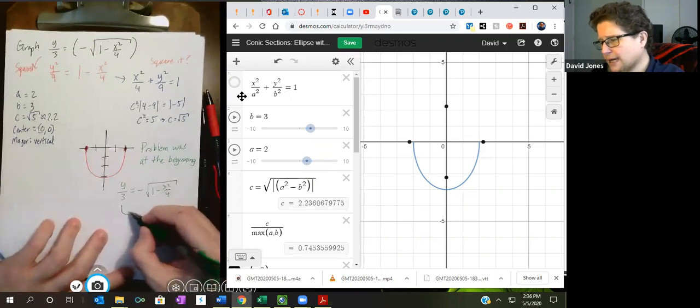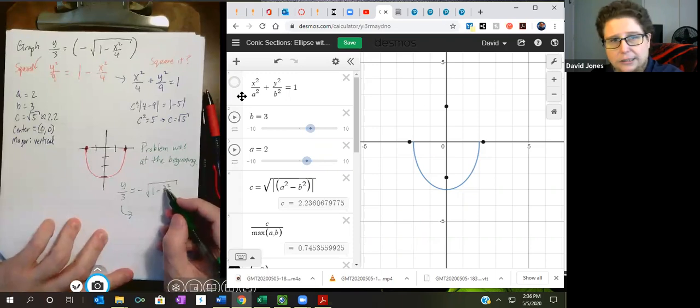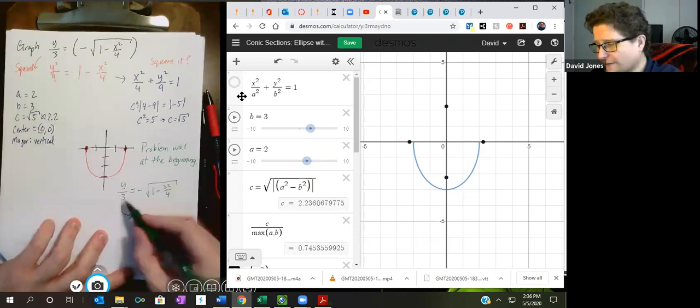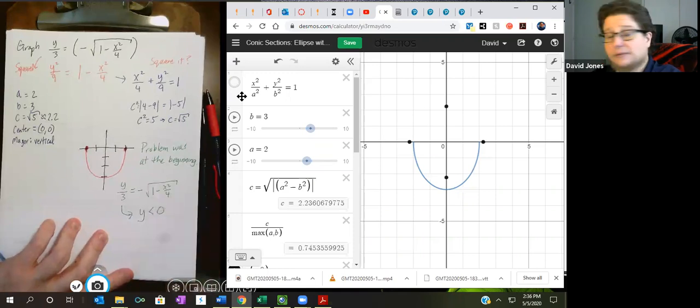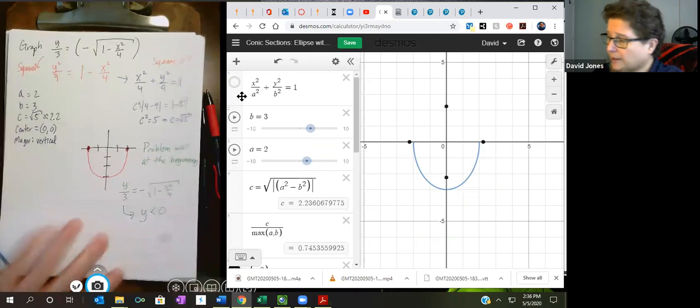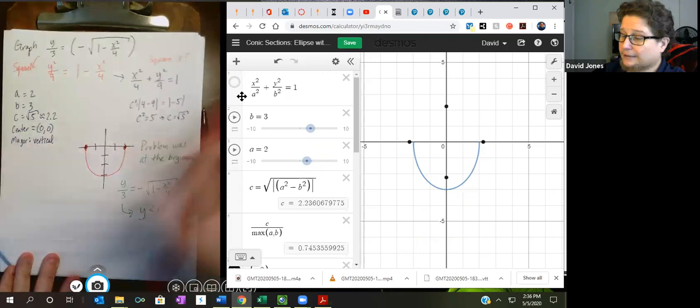What is this saying? Negative of the square root is a negative number. Even if I multiply it by 3, y has to be less than 0. So this ellipse is restricted. Stay on the lookout for sneaky things like that.